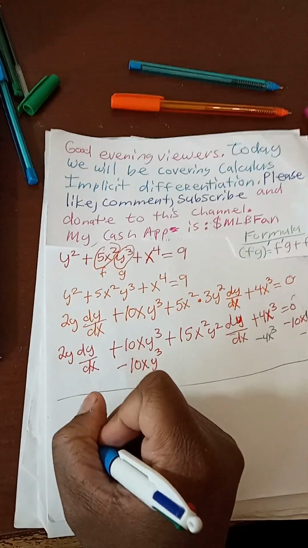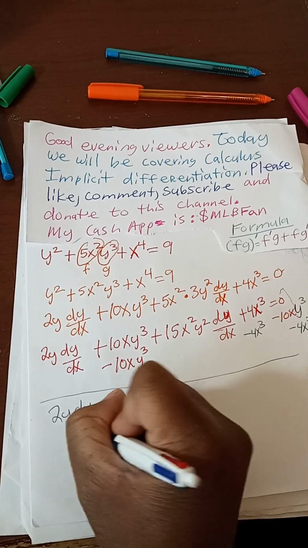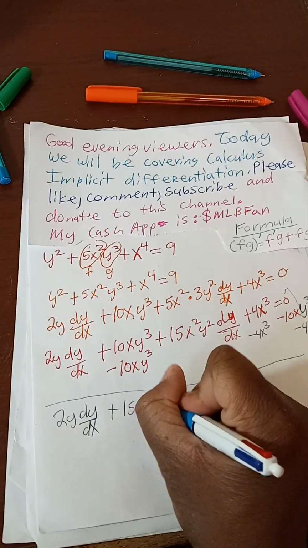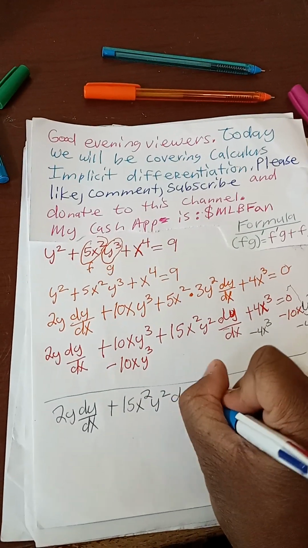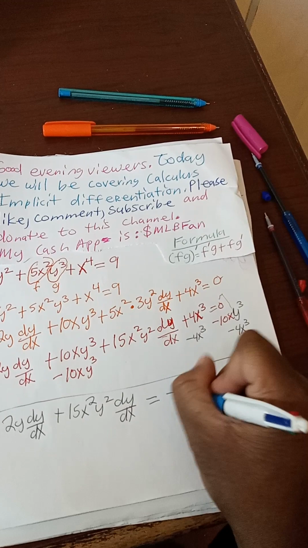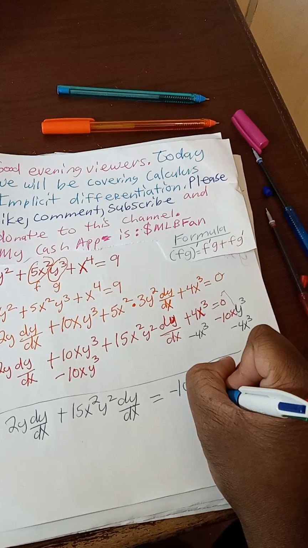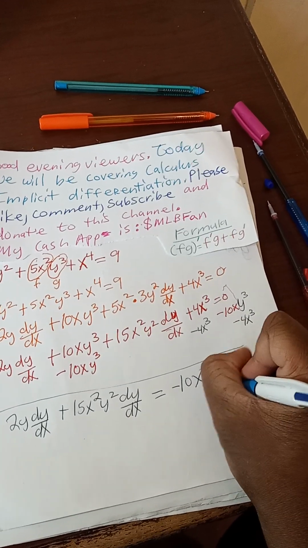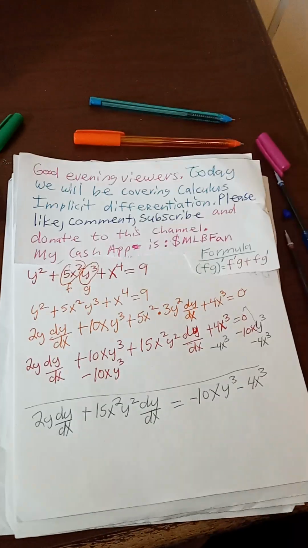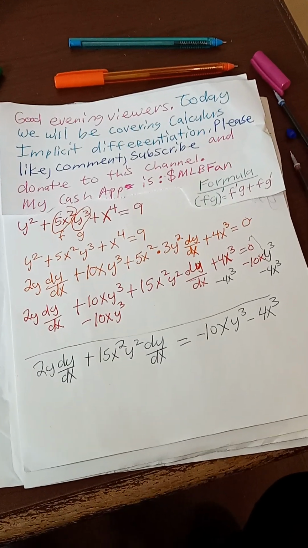So now we will have 2y dy divided by dx plus 15x squared y squared dy divided by dx is equal to negative 10x y cubed minus 4x cubed. And let's have that marinate there for a second.